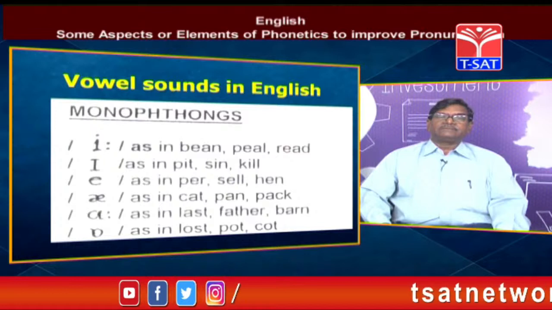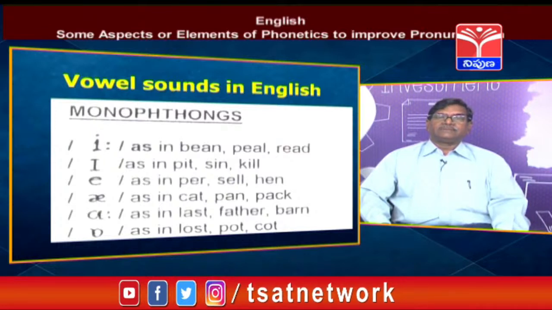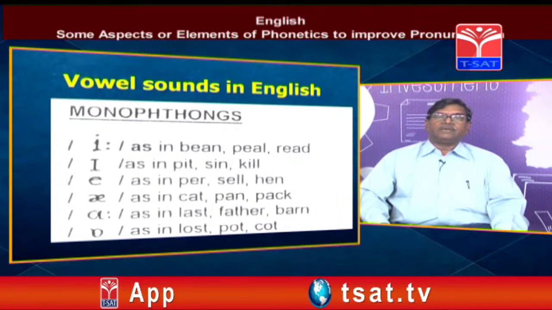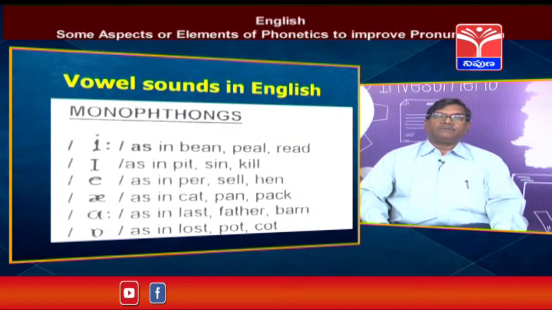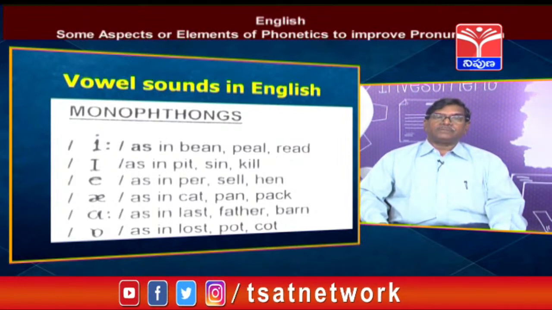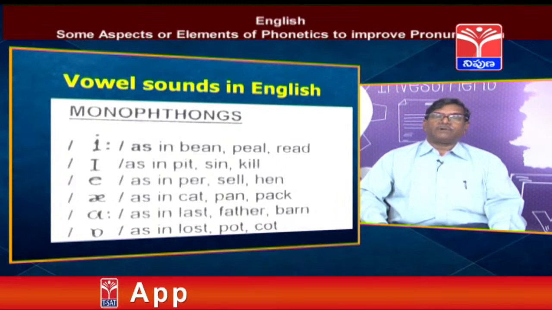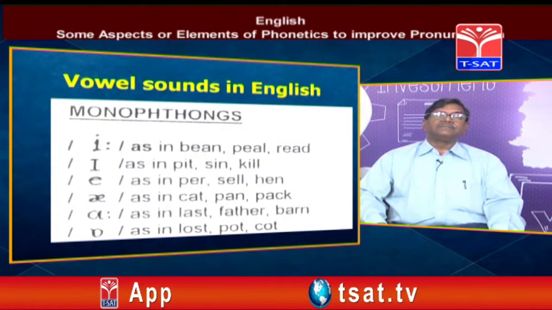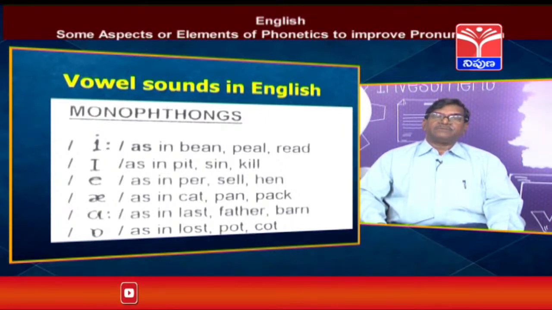And then another vowel sound, as we found in the words lost, father, born. So, this is A. When we utter this sound A, we open our mouth. We have this in all our Indian languages. The symbol for that is, you can see there between the two slanted lines.